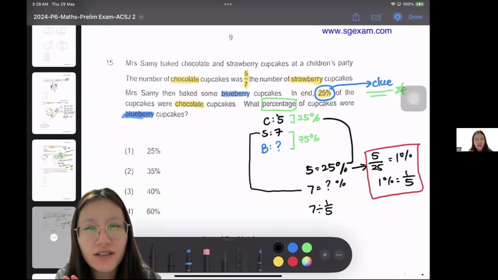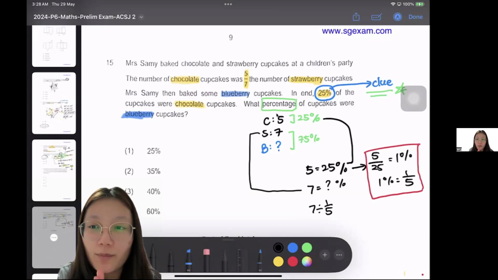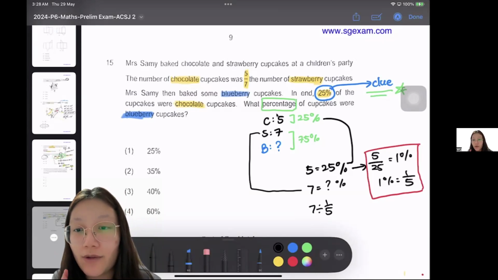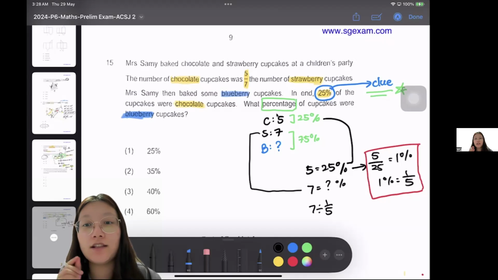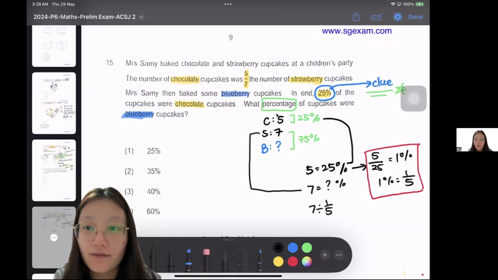So remember I told you just now, if you want to find how many of a number there is in another number, you must take the number divided by the number. Okay, and which number divided by which number? Well, you take the number that you are using to find divided by the number that you want to find how many there is. Okay, so 7 is the number that you're using to find. 1/5 is the one that you'll find how many 1/5 there is inside of 7.